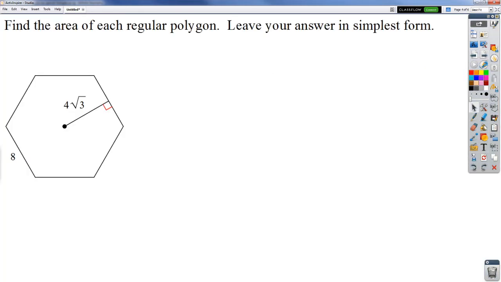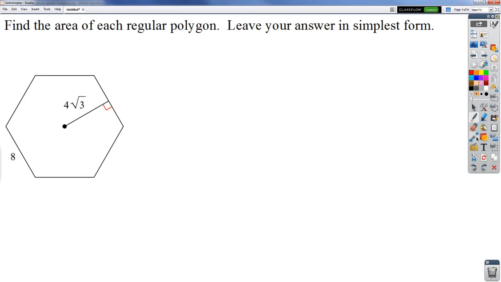Here's one problem. This and all the other ones are on the Google Classroom in the PDF that I put. So if you want to work along with me, go ahead and pull that up, or just look at it right here and get a piece of paper or what have you. Yeah, so if we look at what we're given, first of all, we're given a side and we're given the apothem, and we're going to use these.